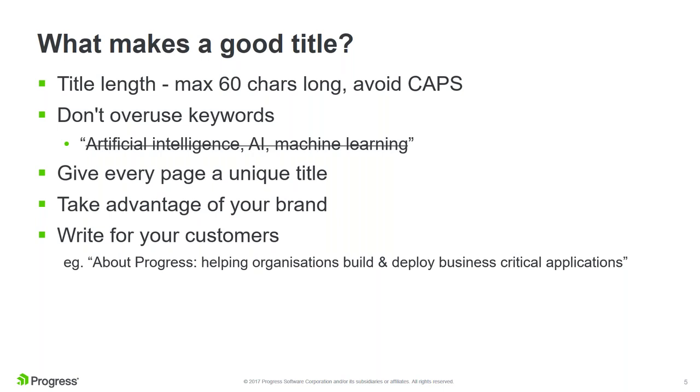So in this particular example, I've written for the about page a good example with a few keywords and the Progress brand at the start. About Progress, helping organizations build and deploy business critical applications. Of course, in the search engine result, we're not going to see that whole sentence, but at least it's filling. It looks nice, it leads the customer, and it also builds in some keywords as well.